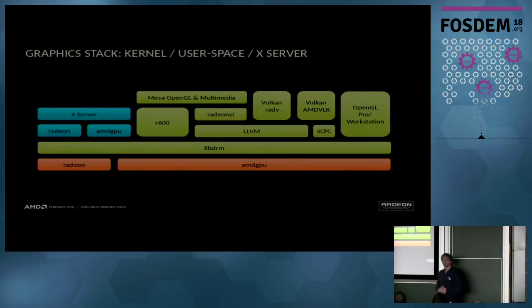And there is the RadeonSI driver, which is for the more modern cards since, let's say, 2012. It builds on LLVM for its shader compiler backend. Same as the RADV Vulkan driver, which also lives in the Mesa project and was developed by community members.